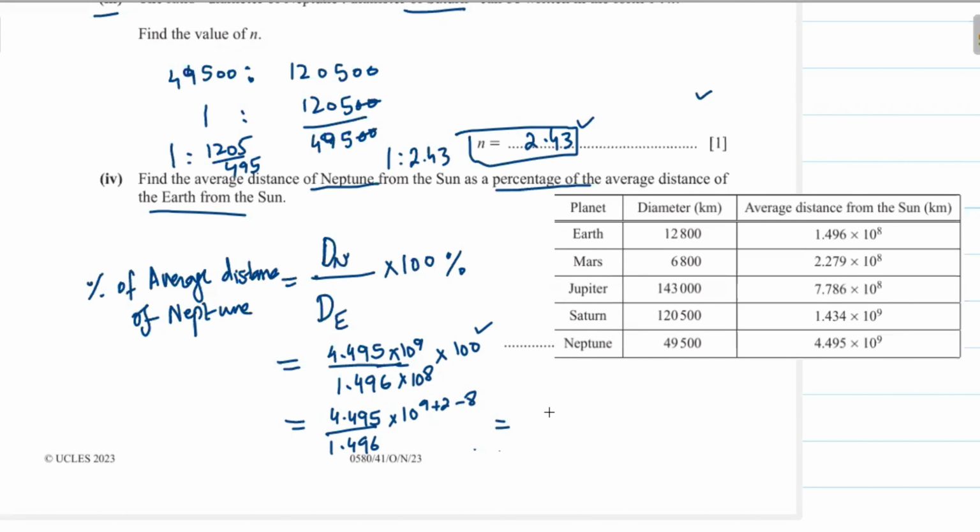Therefore, this value becomes 4.495 over 1.496 multiply by 10 power 3, and this will be equal to 3004%. This is the answer.